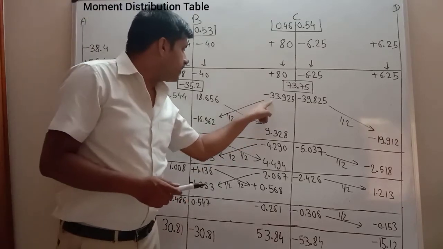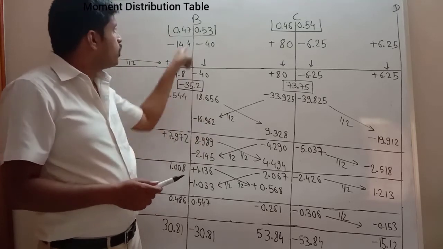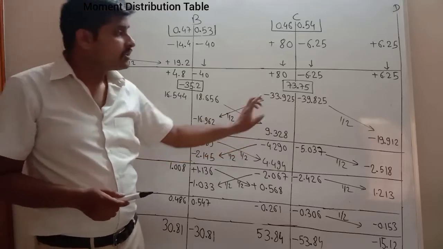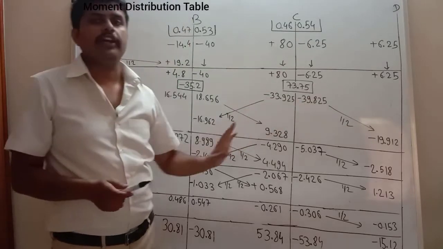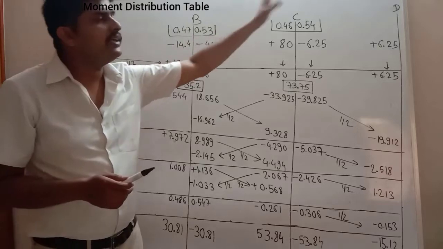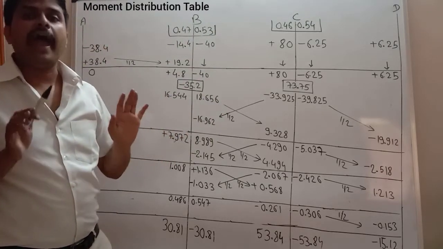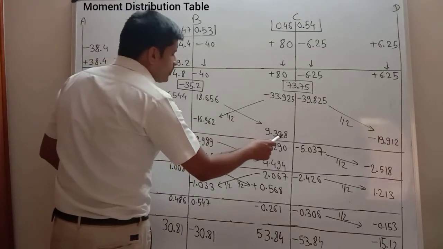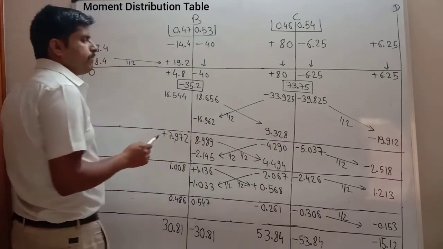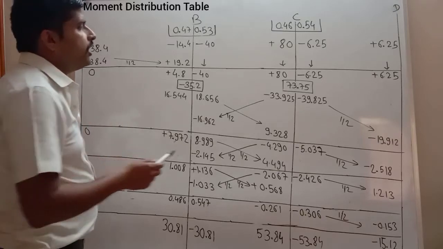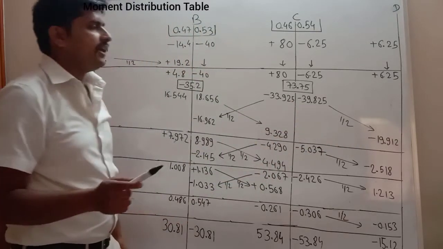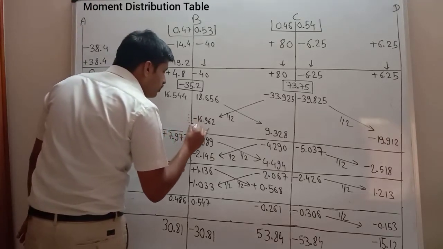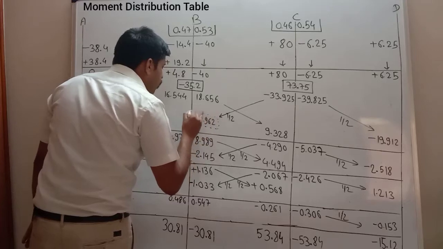Now transfer half of the moment to joint B and half of the moment to joint C. Similarly, transfer half of the moment to joint D, because joints B, C, D are acting as fixed supports. So half of these will be 9.328, minus 16.962, and minus 19.912.